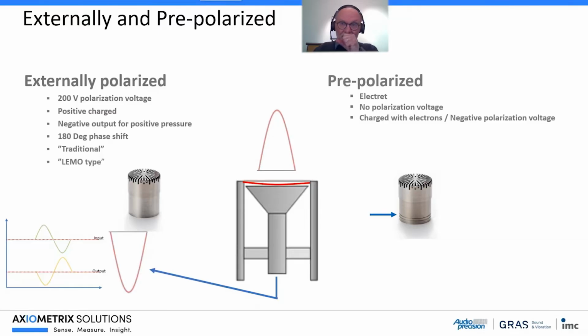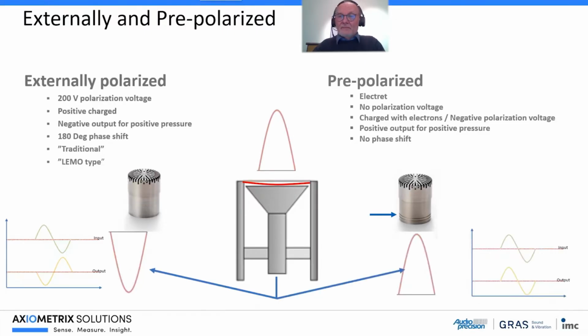And it means if we have a positive output for a positive pressure, no phase shift, like we see it here. It's because we will have a negative voltage, and then it will actually be more positive because we come closer to zero the closer the diaphragm is to the backplate.